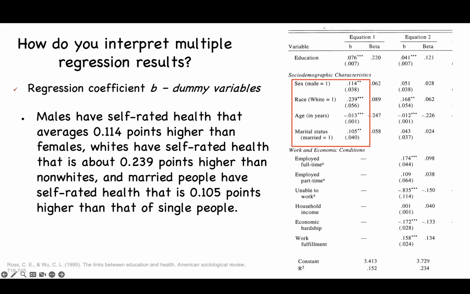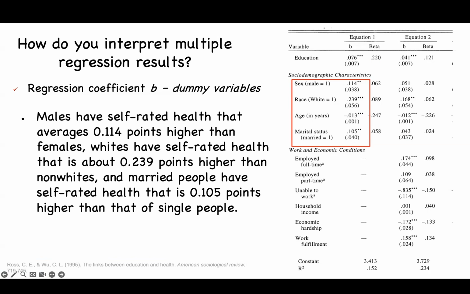It implies the coefficient can be interpreted as the average value of the dependent variable for all the people with a value of 1 on the dummy variable minus the average value of the dependent variable for all the people with a 0 on the dummy variable, while controlling for the other variables in the model. For this reason, such coefficients are sometimes described as adjusted differences in means.